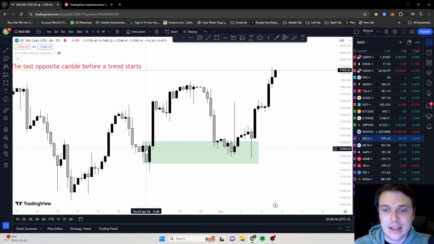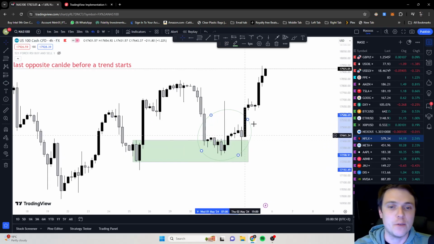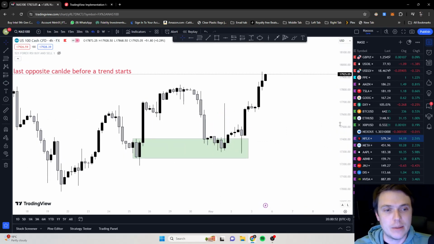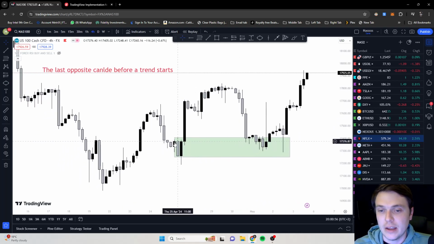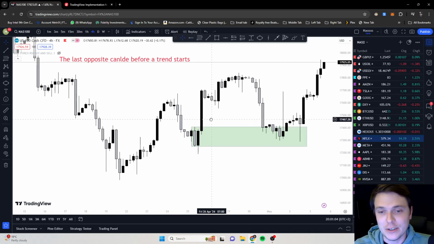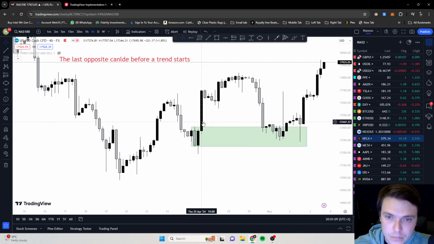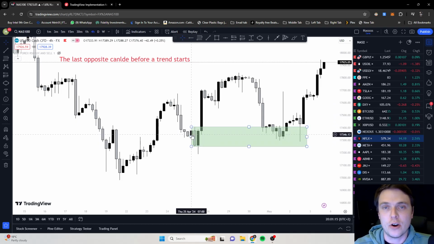You can see that this is the last opposite candle, and you can then go down to the lower time frames, maybe to find more order blocks, or to use some of my other strategies for this great buy that happened here. But if you just want to know how to spot this order block, the last opposite candle before the trend, I hope that it makes sense to you. It is really just the bullish move going past that high or going out of that consolidation zone, and then you mark out that candle.